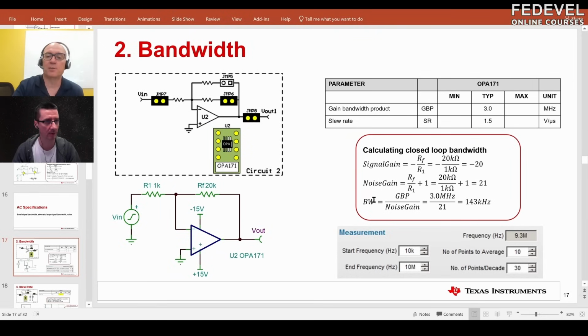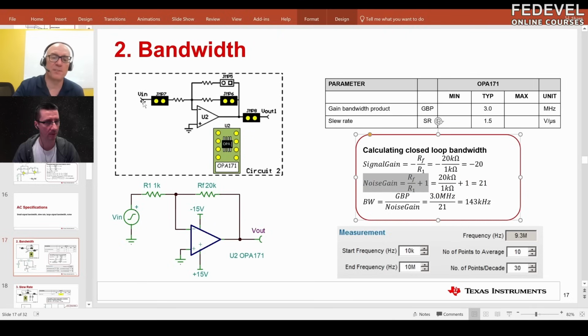And so if we want to calculate the actual bandwidth at different gains, we first have to calculate the signal gain, RF over R1, or actually the noise gain is really what we want. The bandwidth is always calculated relative to the non-inverting input, which is sometimes called the noise gain.